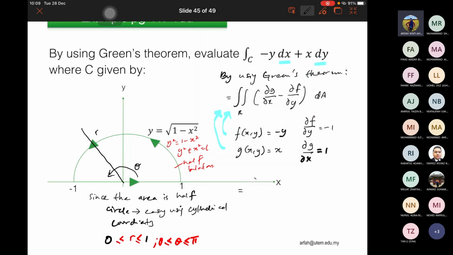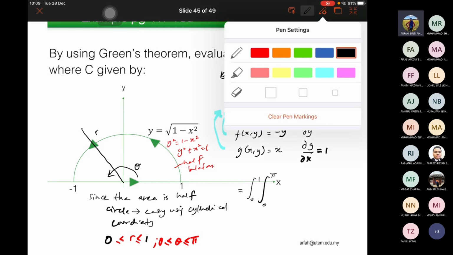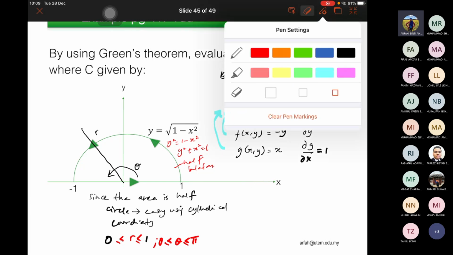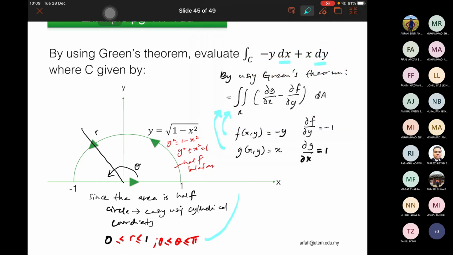So dia akan jadi sama dengan 0, 1 integrate 0 kepada pi. Yang ini dah tak slide ni, saya nak buat dekat sebelah lah. Dia punya solution, cuba buat. Masukkan dalam this one, dia punya integration, dr d theta.